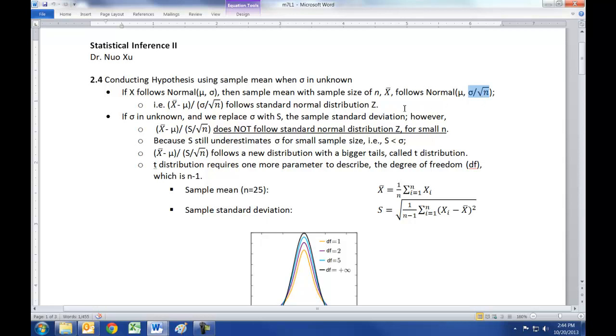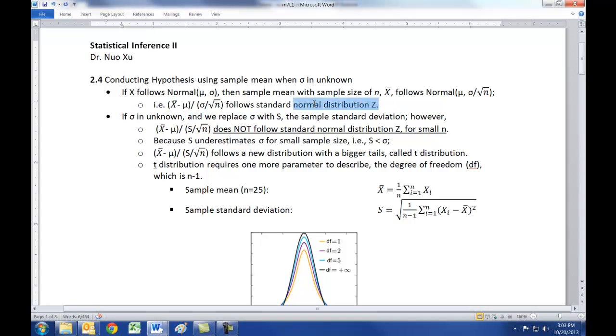And with the knowledge of hypothesis testing, you know that a smaller standard deviation means a smaller beta and a higher power associated with the test.